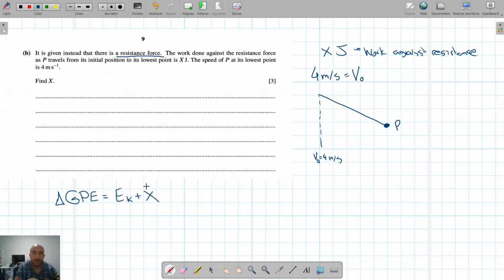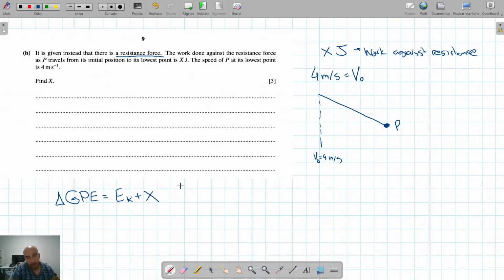Before we only spent it in kinetic energy, but now it's being spent in kinetic energy plus the work it has to do against friction.